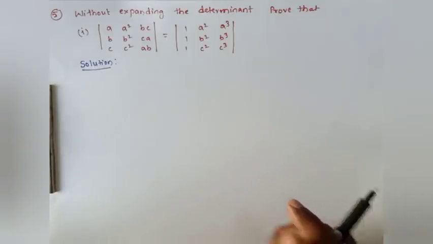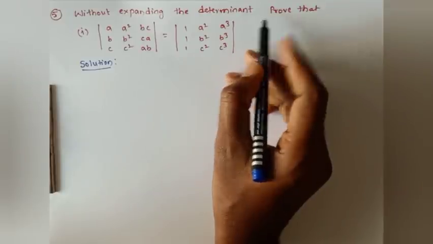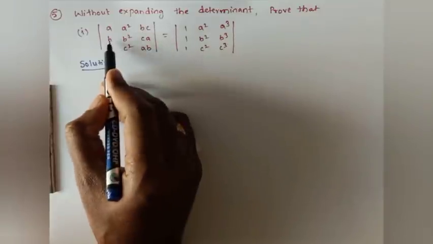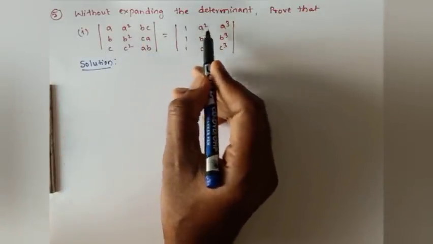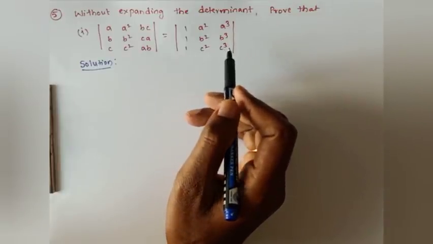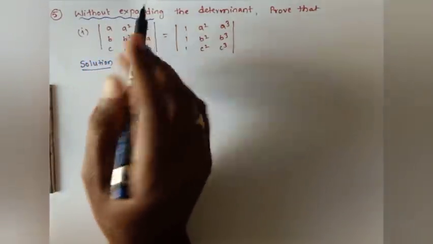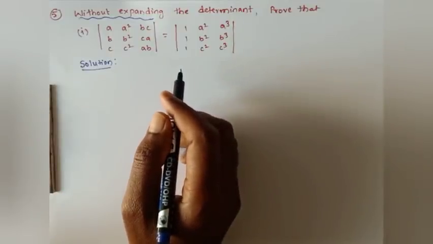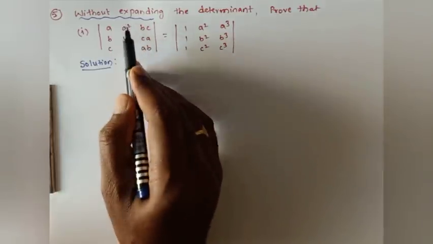Now, fifth problem. Without expanding the determinant, prove that the determinant a square, bc, b square, ca, c square, ab is equal to the determinant 1, a square, a cube, 1, b square, b cube, 1, c square, c cube. Without expanding means you cannot use the definition of the determinant for this.